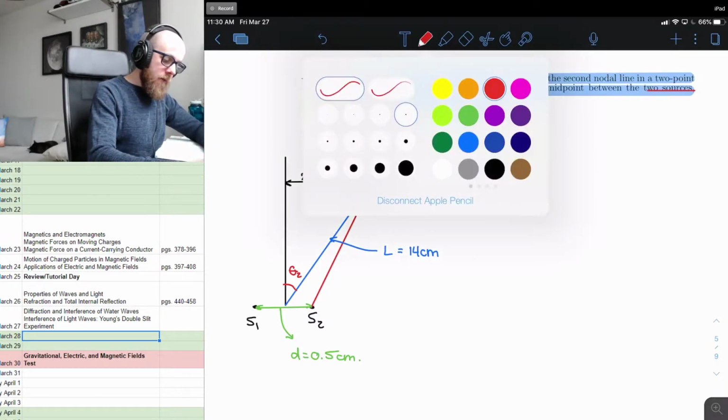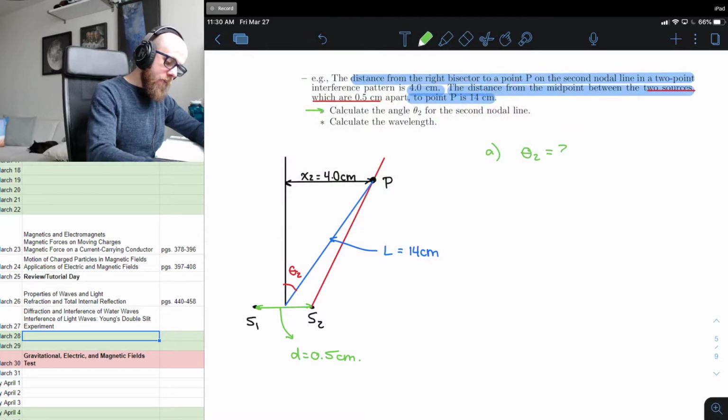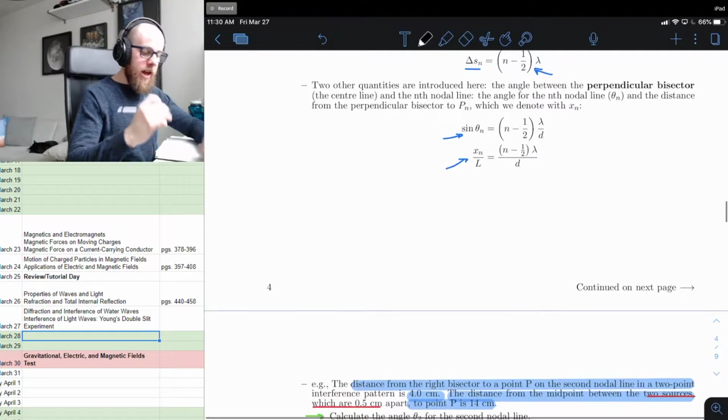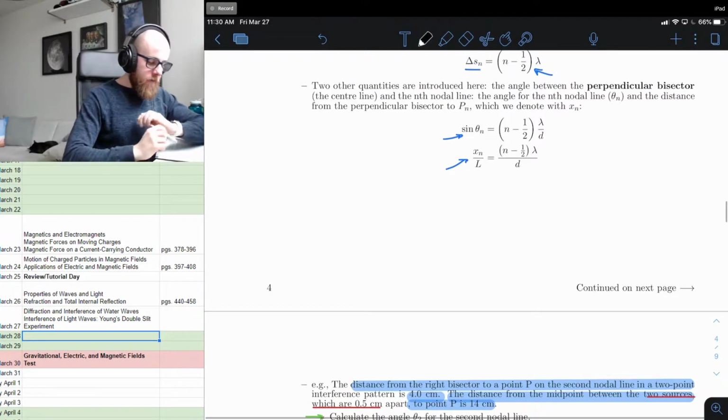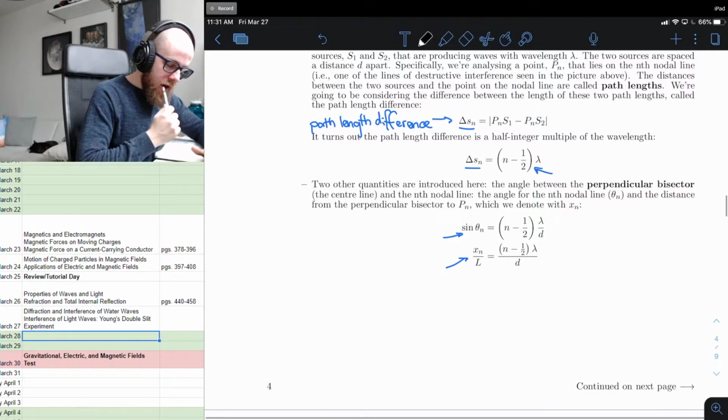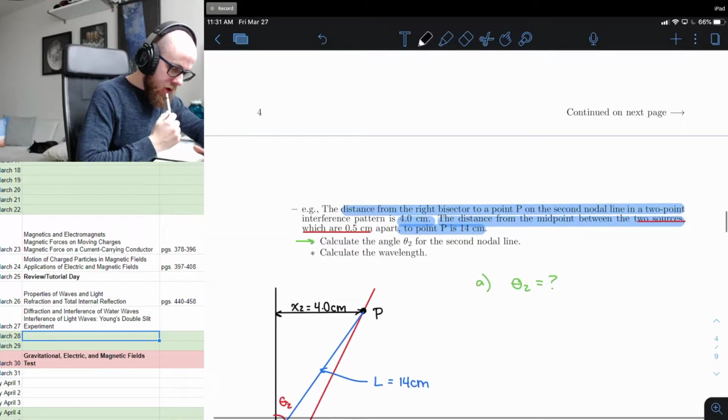So my first goal is to figure out what theta 2 is going to be. So what I'm going to do is go back up to these formulas and find one that satisfies all of these values here.